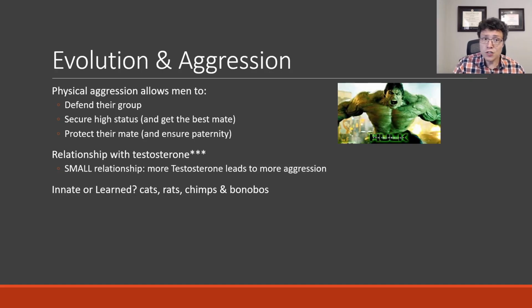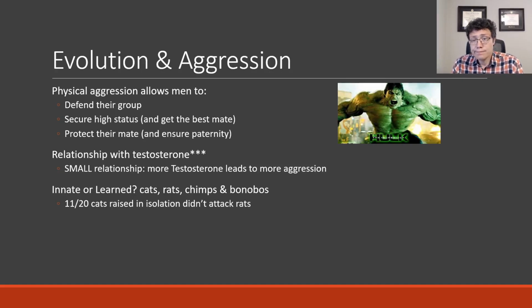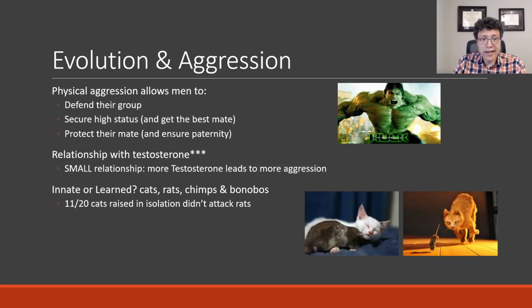And there's some research to show that it's not all innate. This isn't all totally evolved. If we raise a cat in isolation and then we show it a rat, over half of them won't even attack the rat. They haven't learned that from mom in this case.